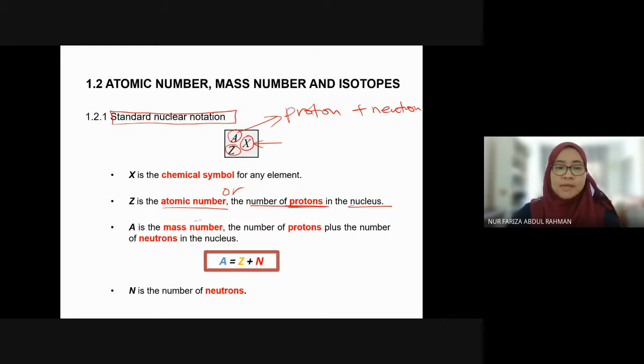That is why the mass number only includes proton and neutron, the components of the nucleus. So the mass of the nucleus represents the mass number of that atom. We can total up proton, or atomic number, plus neutron, to obtain the mass number.